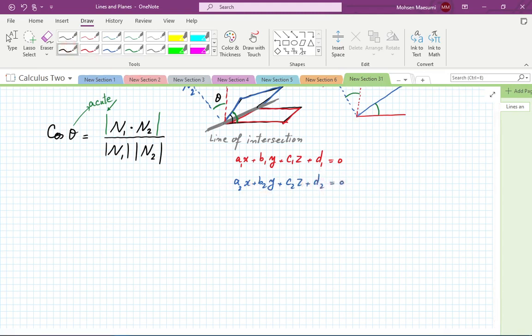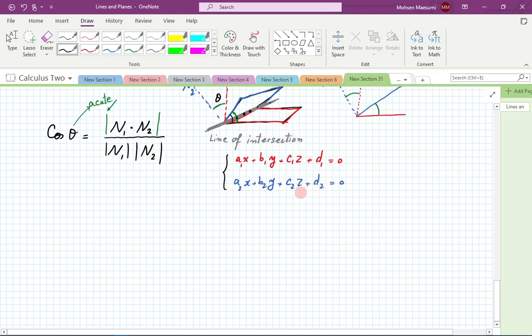If you want the line of intersection, it means you are going to consider this xyz here and xyz to be the same. XYZ meaning the points that are common to the two planes. So the two equations are going to be parts of a system of equations. So if you want to find the line of intersection, you solve the set of equations where each equation is one of the planes that you have.